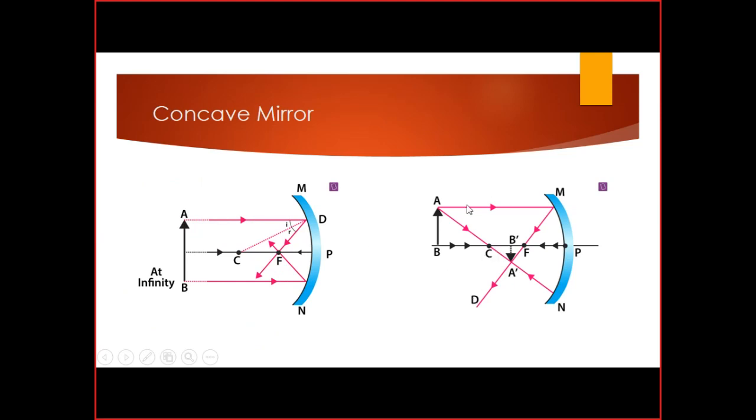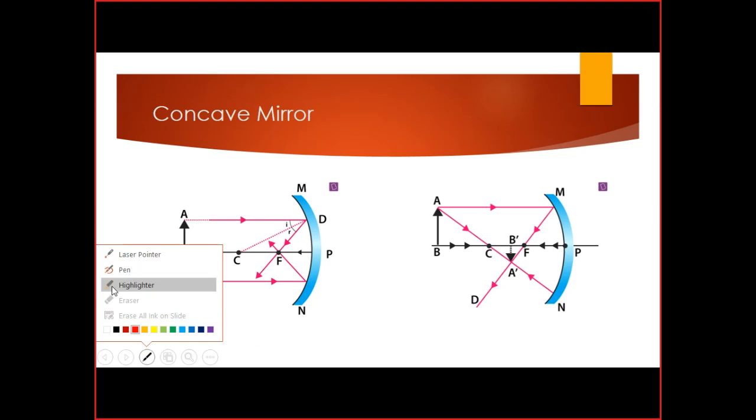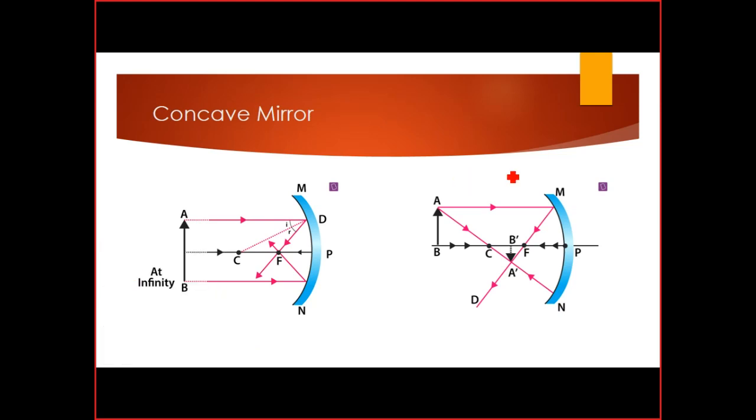Now let's look at this second situation. This is our center, C. This is our focal point, F. Now, let's assume that instead of having our object very far away, we have our object right here.